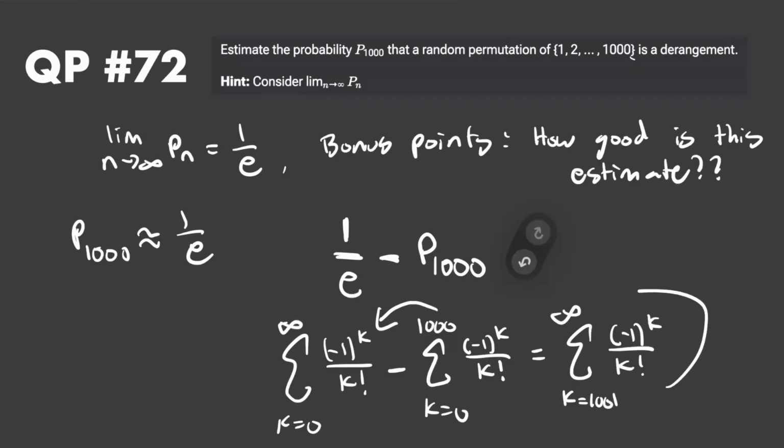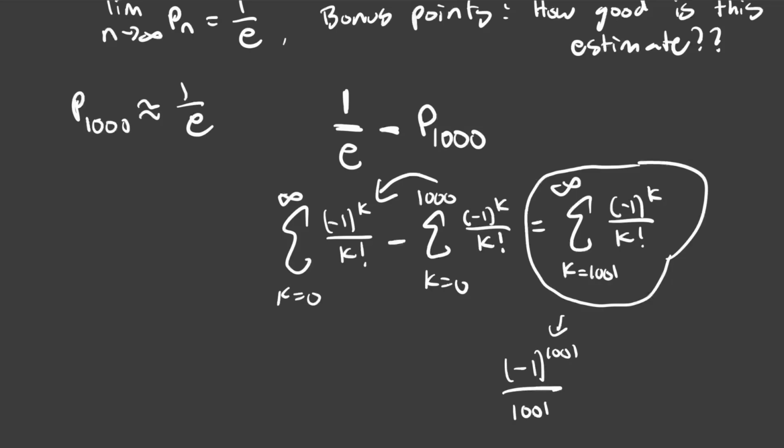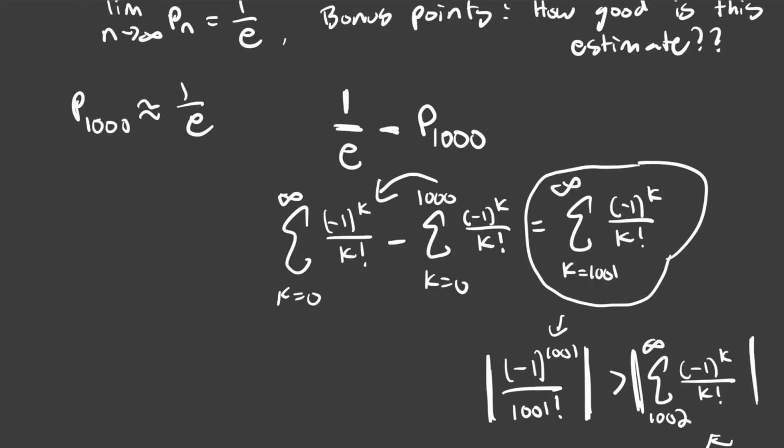And it's also a well-known fact with alternating series that we can actually bound this right here. That's just because the next term in this series is going to be -1 to the 1001 over 1001 factorial. And it's an alternating series with decreasing terms, so we know that the magnitude of this next term right here is going to be greater than the rest of all the other terms, right, all the terms from 1002 up to infinity.